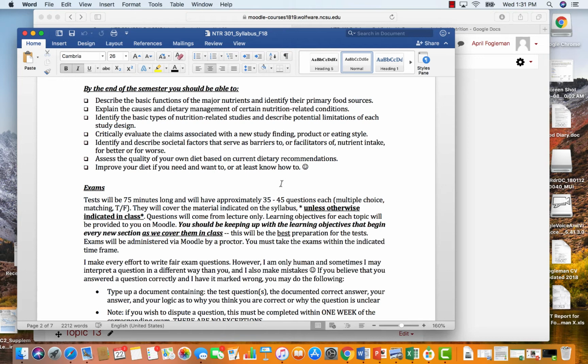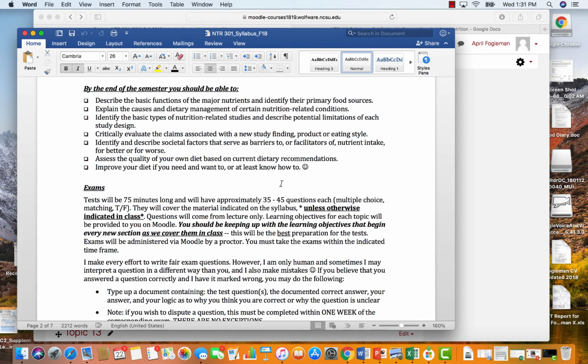And then you'll be able to identify the basic types of nutrition-related studies and describe potential limitations of each study design, and then critically evaluate some claims associated with study findings or a diet or a product. And then describe societal factors that serve as barriers to or facilitators of nutrient intake for better or worse.